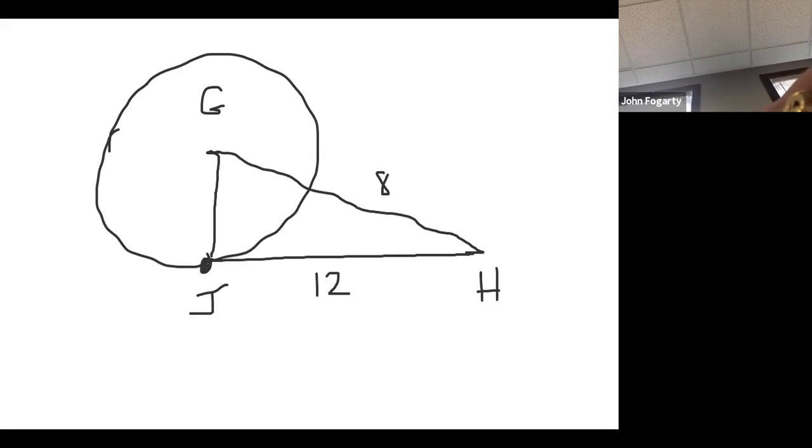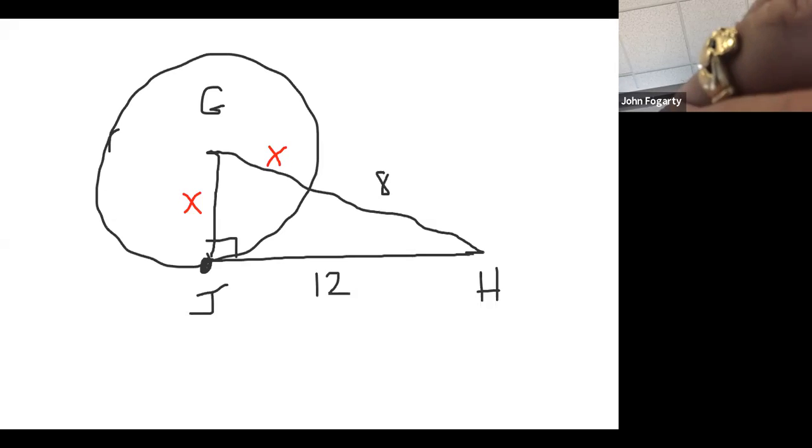and this is x and this is x, how do you know these two segments are the same? They're both radii. So since they're both radii, they have to be the same, right? So it's tangent. What's my formula?